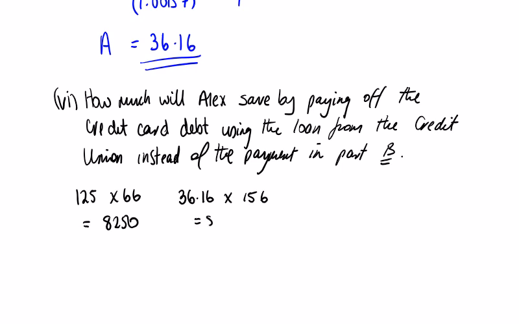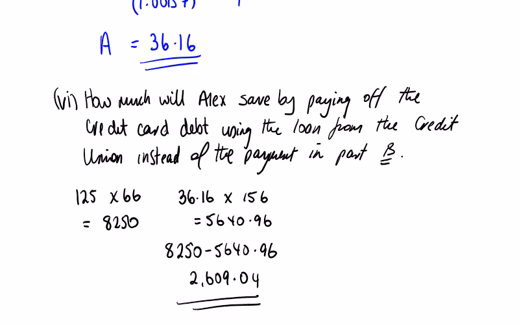And that's 5640.96. So it's just the difference between these two numbers. 2609.04. So quite long financial maths question. Keep practicing.